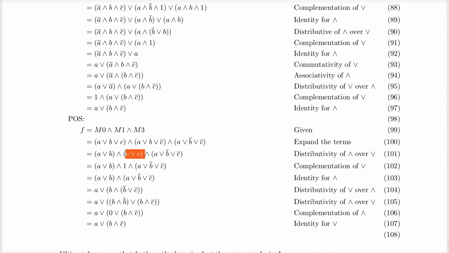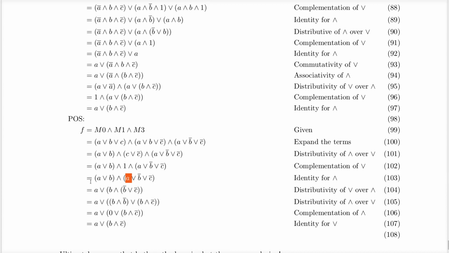And again, we end up with the complementation making that always a 1. Because it's ANDed with the other things, we throw it away, do the identity law. Now, with the distributive property, we can factor this A out, since it appears in both of these expressions.